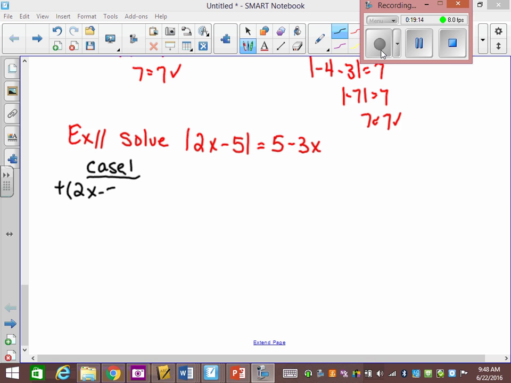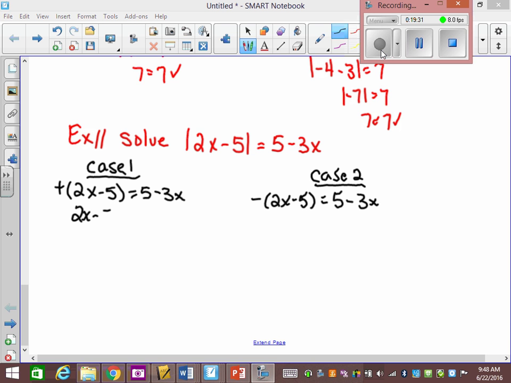Case 1. Positive 2x minus 5 equals 5 minus 3x. Case 2. Negative 2x minus 5 equals 5 minus 3x. So 2x minus 5 equals 5 minus 3x. Add the 3x.